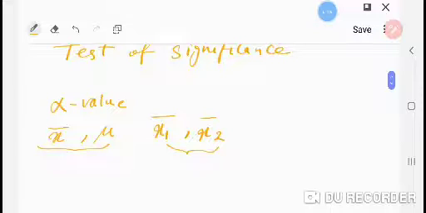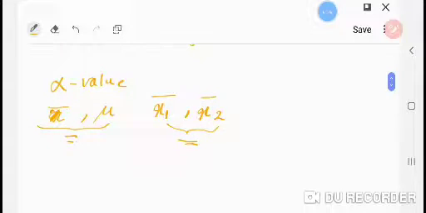This is for two sample sizes, and this is for a single sample. Compare the mean of the samples with the mean of a total population.